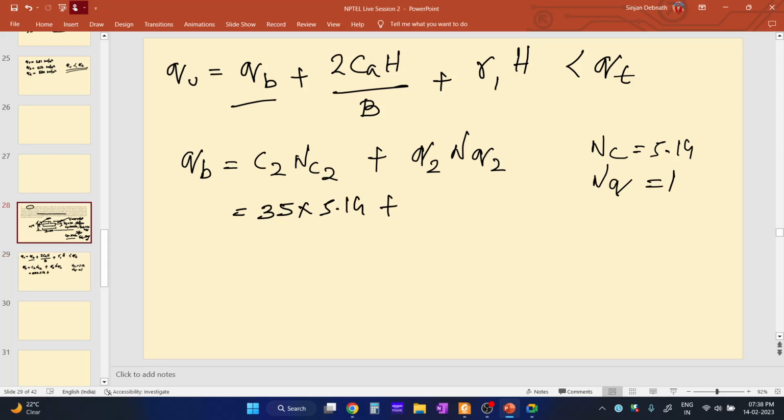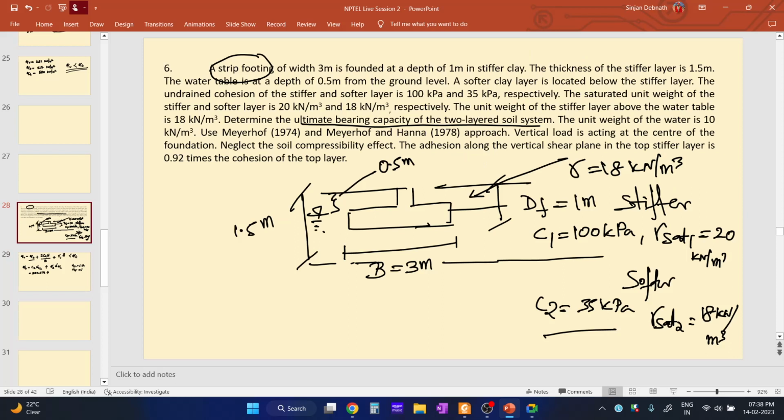plus q. What is the surcharge on top of the bottom layer? It is 0.5 into the unit weight of this layer above the groundwater table, plus the submerged unit weight into the thickness of this part from the groundwater table to the top of the bottom layer.